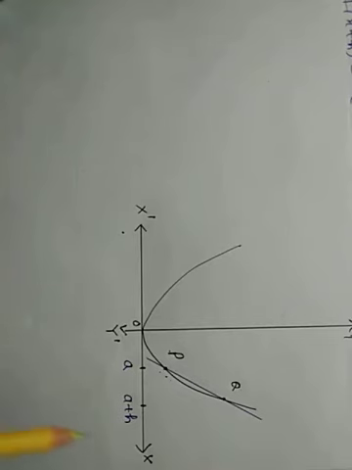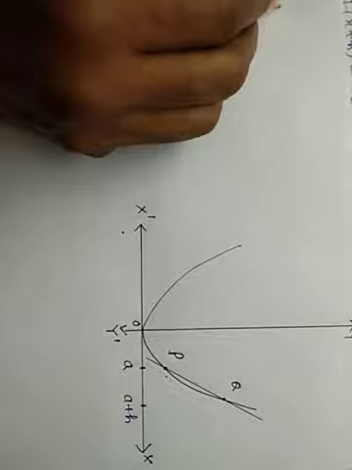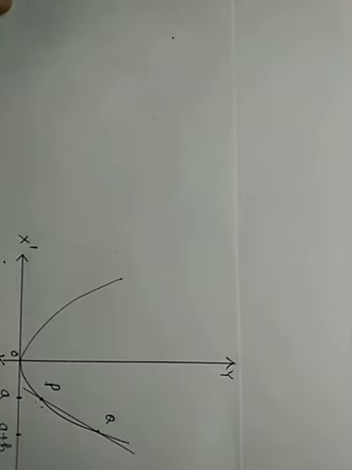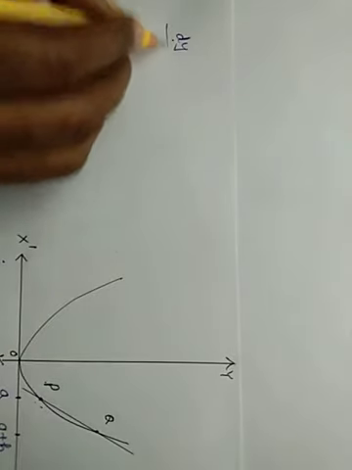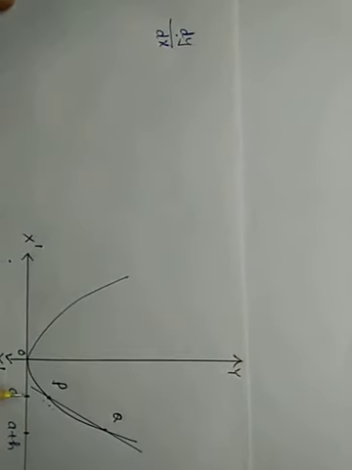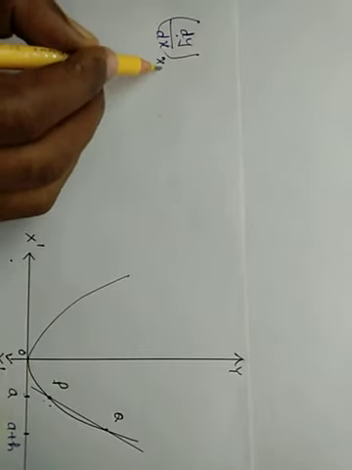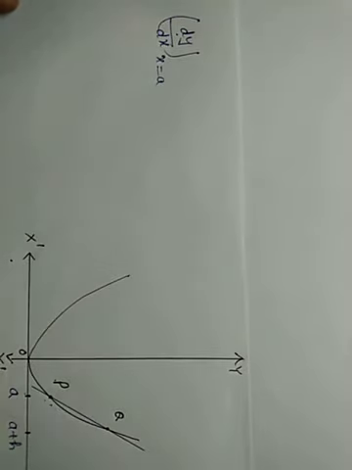Children, you know what exactly is happening over here? When I am finding dy by dx at x equal to a, that means I am finding the rate of change of y with respect to x at x equal to a.